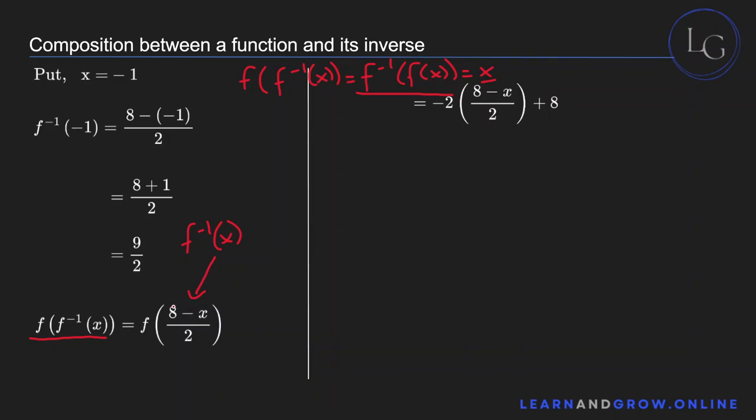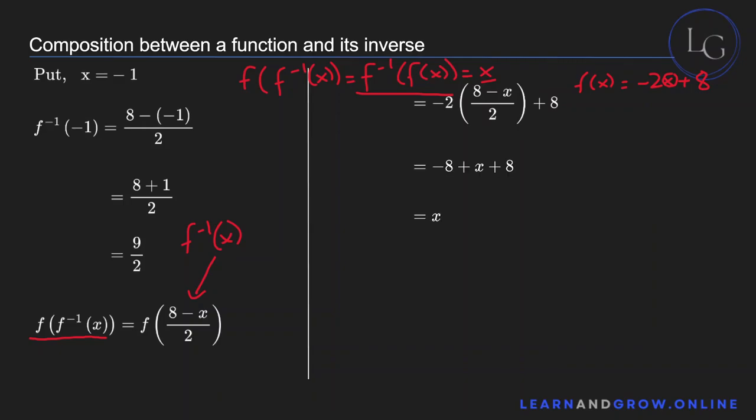So now you have to input (8 minus x) by 2 in the original f of x function. And what was that equal to? If you remember, f of x was equal to -2x plus 8. So instead of this x now, you get f inverse of x. So now you have -2 into (8 minus x) by 2 plus 8.